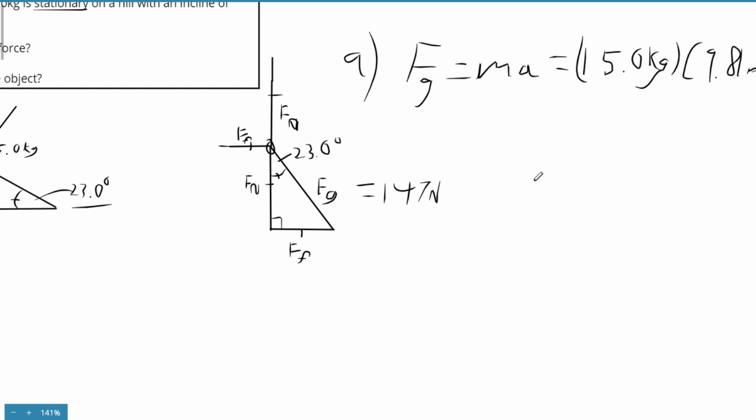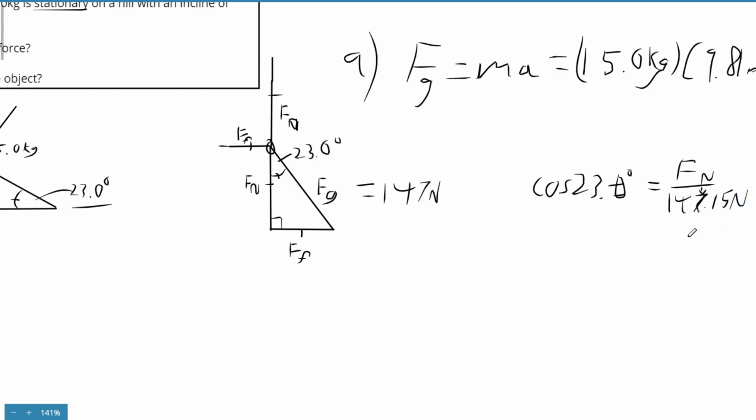The trigonometric function that has adjacent and hypotenuse is cosine. Cosine of 23.0 degrees equals adjacent over hypotenuse, so Fn over 147.15 newtons, to 3 sig figs.